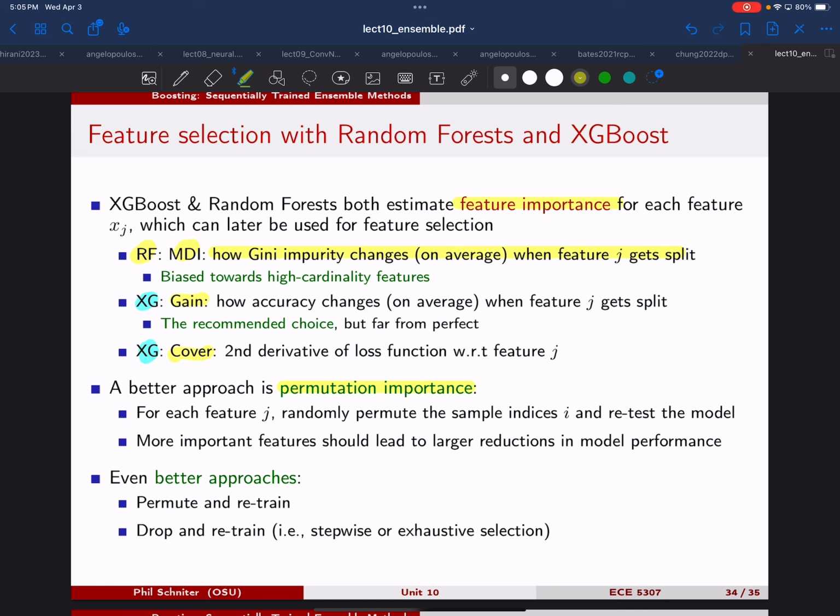And it goes like this. This works for any model. So it works for XGBoost, random forest, but it works for any model, linear methods, whatever. So what you do is you take a trained model, and for each feature, let's say the first feature, you shuffle all of its values across the training data.